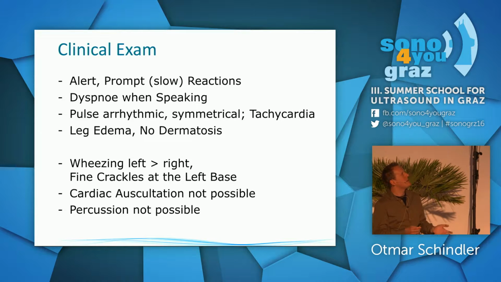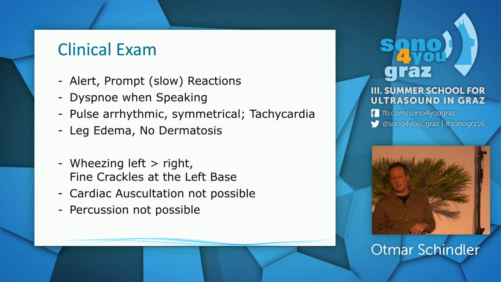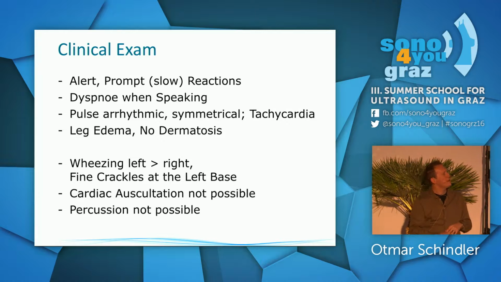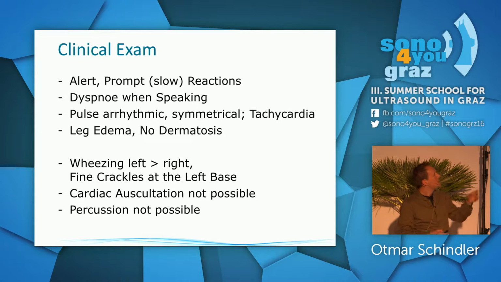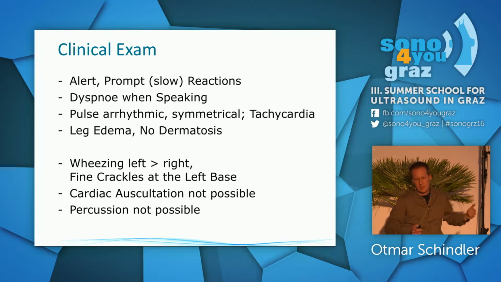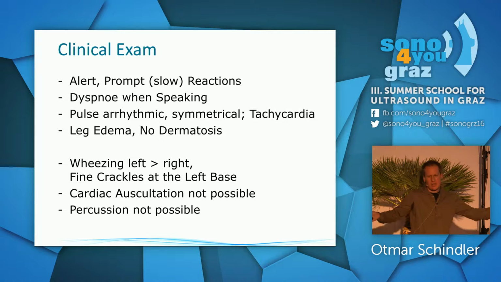They were arrhythmic, symmetrical on both sides, and a bit tachycardic. He had leg edema, no chronic dermatosis, but I knew the leg edema was not really acute because he already had it 2 weeks ago when he left our ward. So it's an advantage if you know that. If not, you have to deal with it. Leg edema still means something is going on.